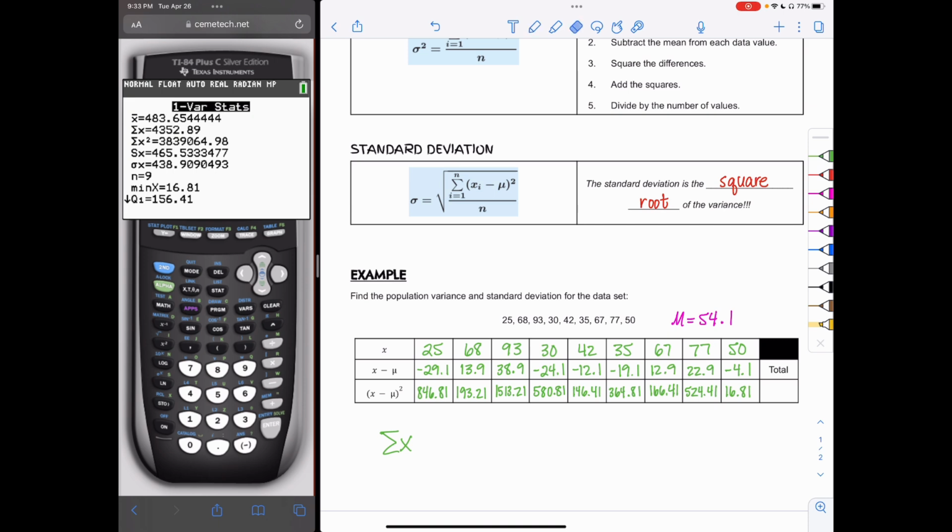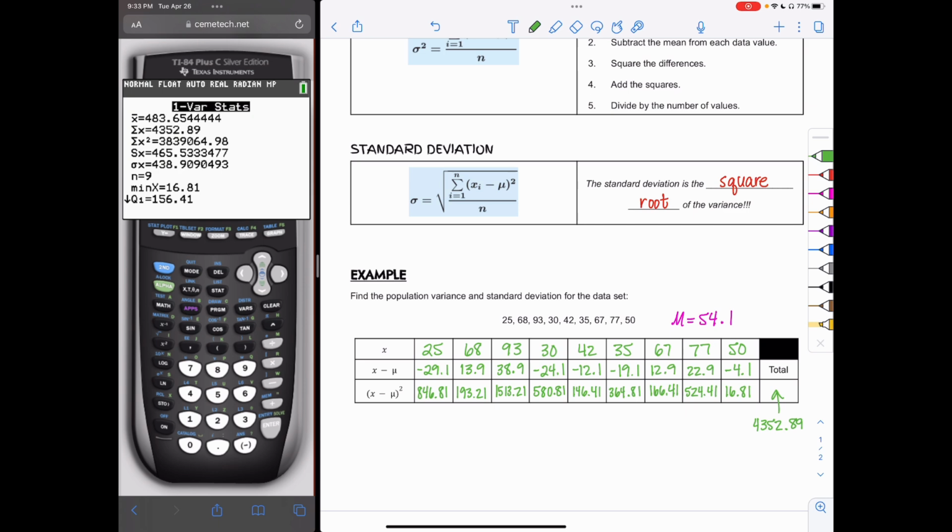So if I wanted to add up all those numbers, I would see that my total would have been 4,352.89 here. So that is my total here that should go there.